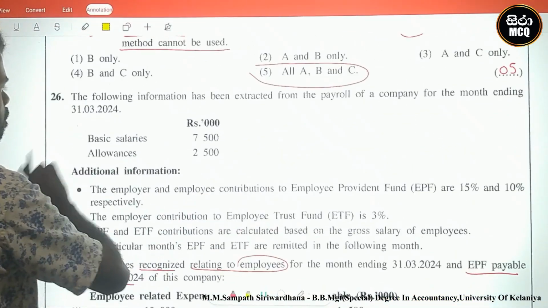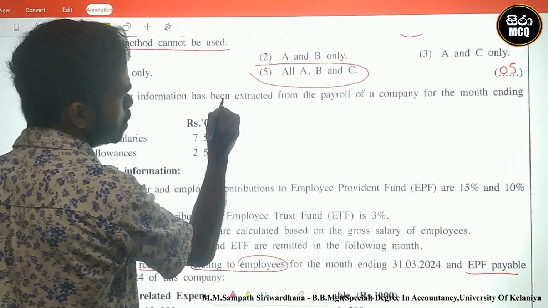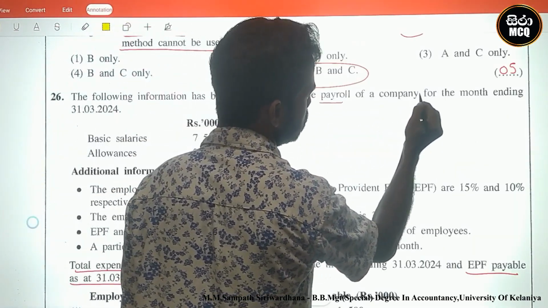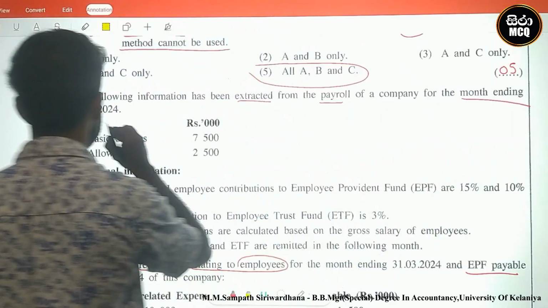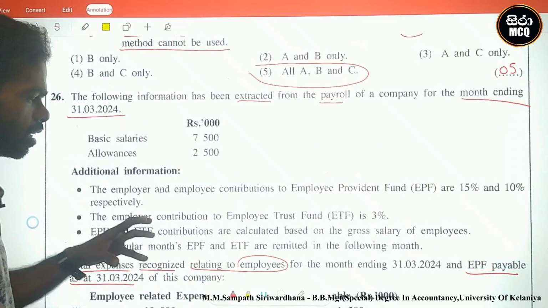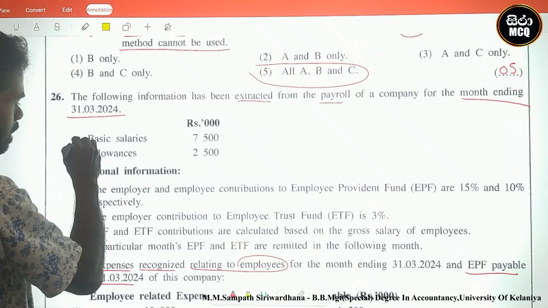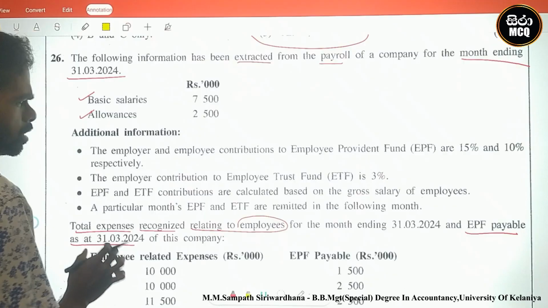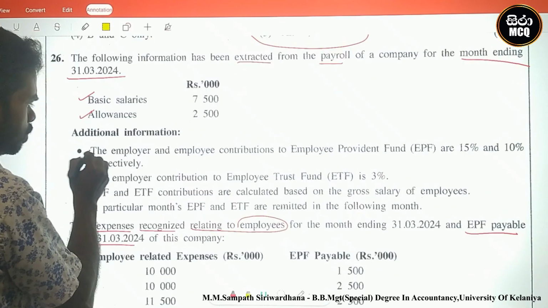The following information has been extracted from the payroll of the company for the month ending 31st March 2024. This is the current month. Basic salary, allowances, and additional information. We must read this additional information.